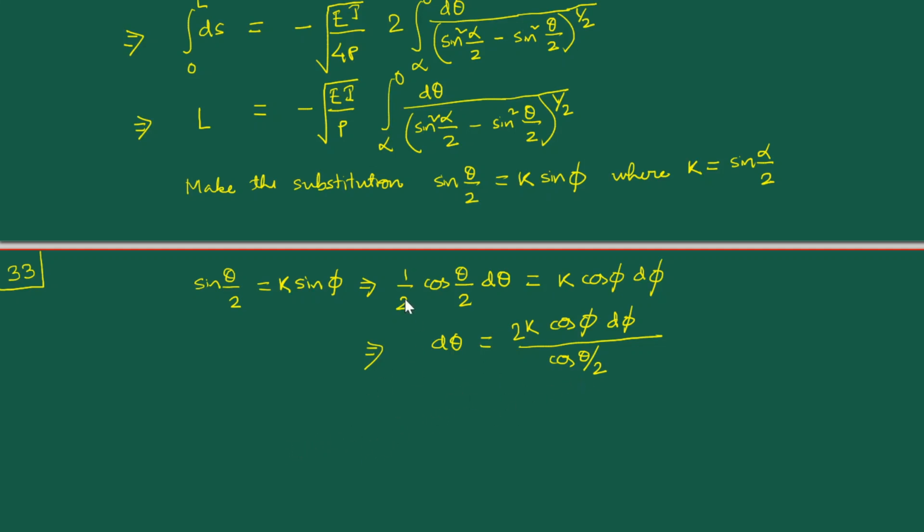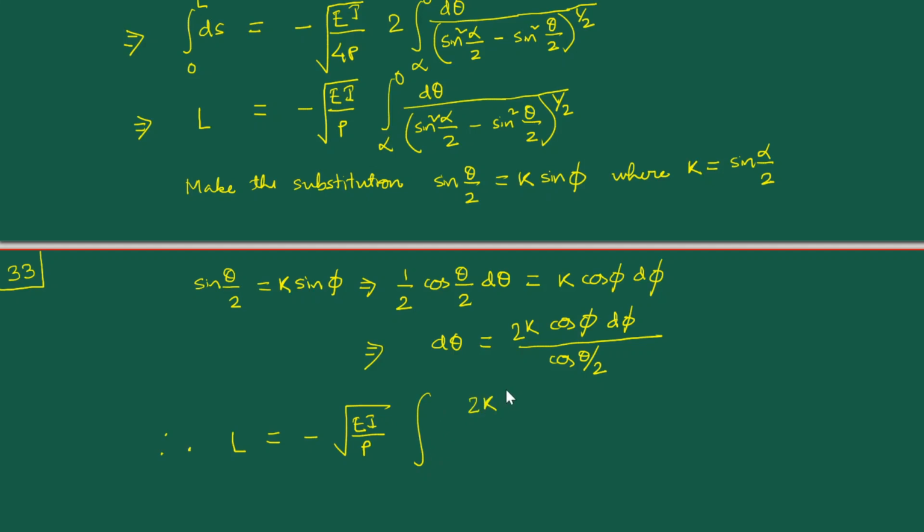So if I make all of these substitutions, what we end up with is square root of EI by P from here. I'm not going to write down the limits just yet.